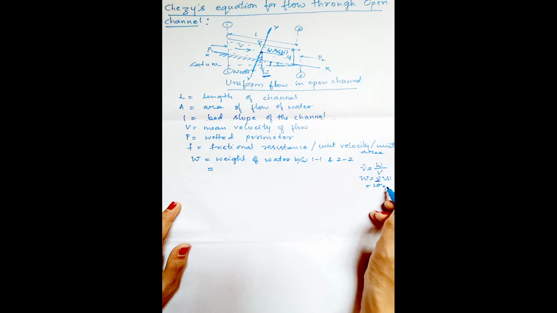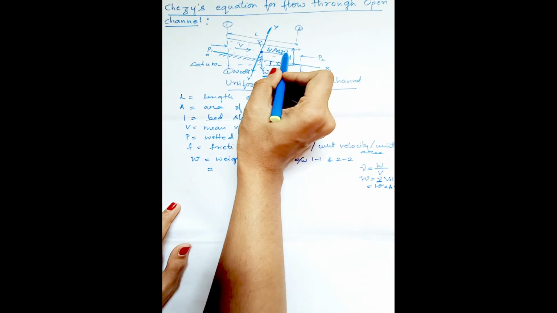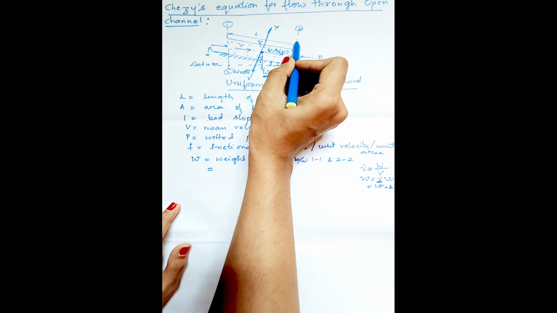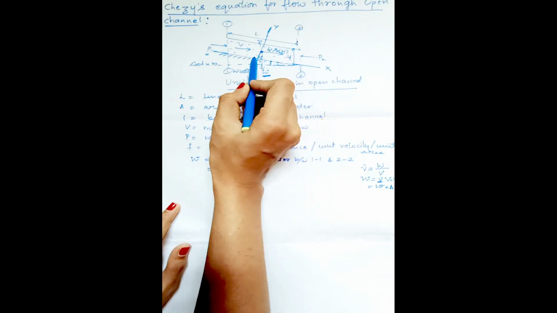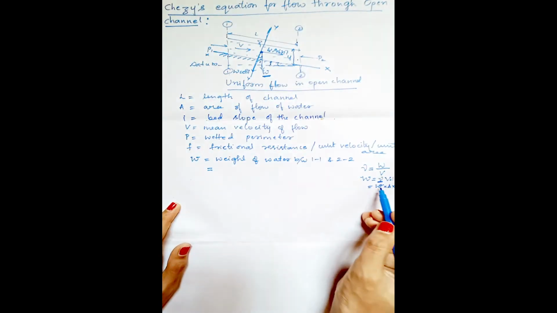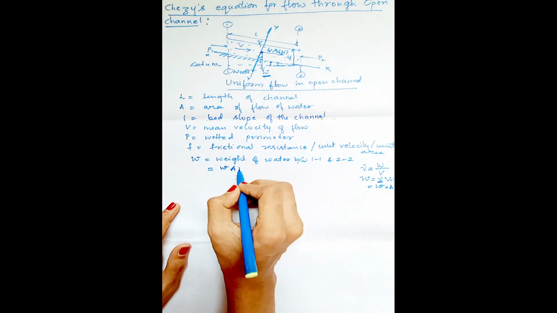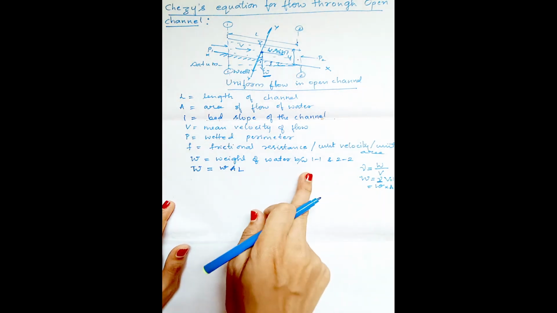So weight equals small w into volume, and volume is area into length, that is, the area of the section of channel between 1 and 2, A, into the length. So weight will be equal to w into A into L.